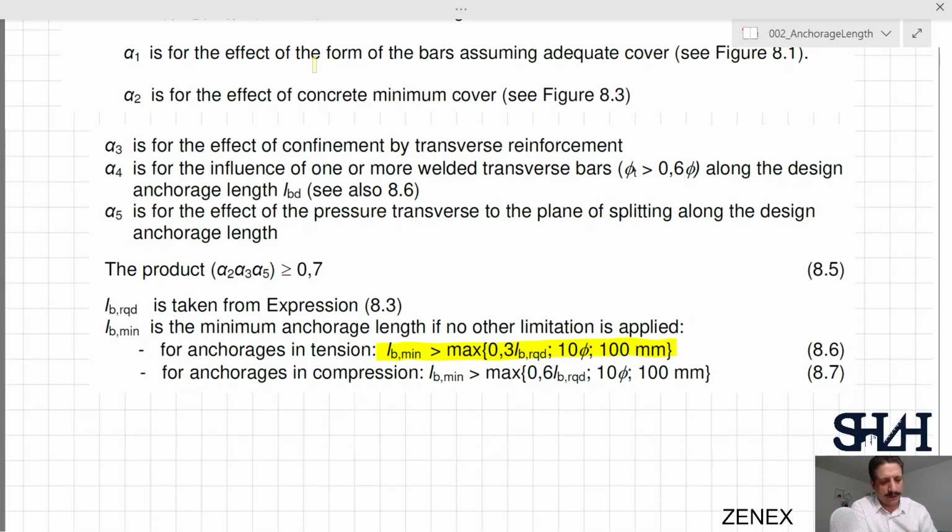And if it is in compression, then the L minimum is calculated according to equation 8.7.